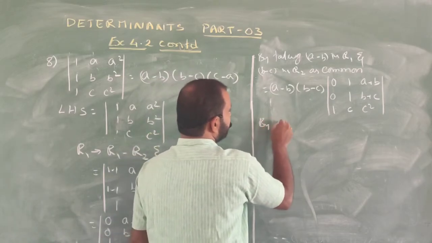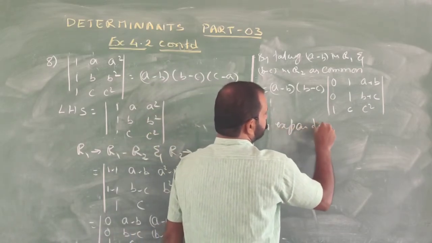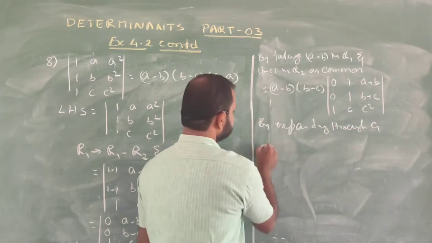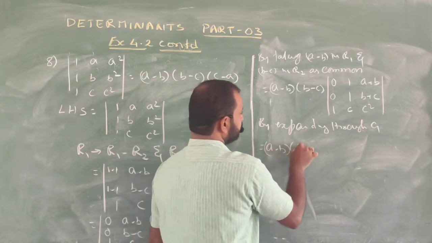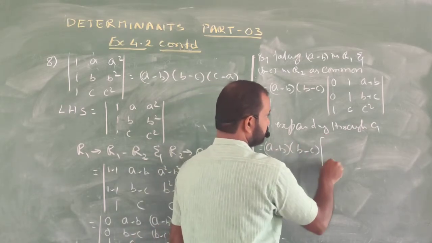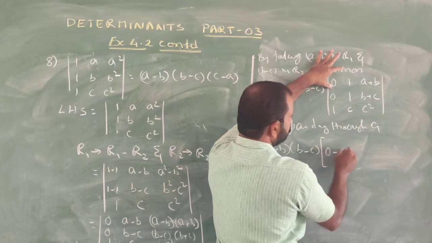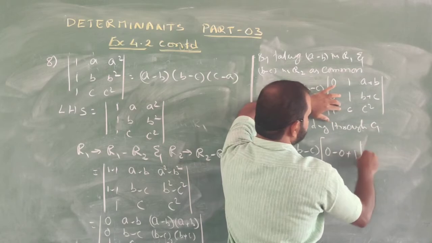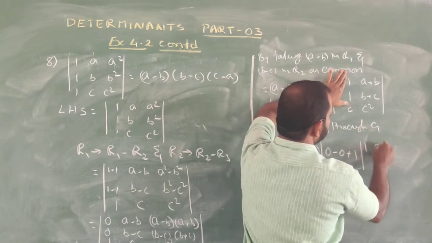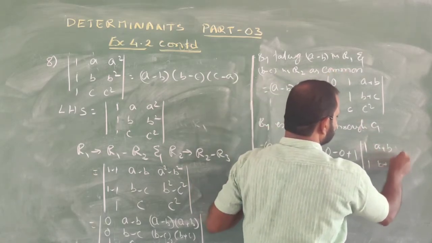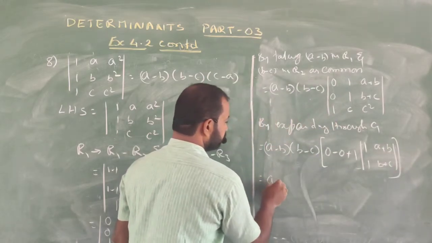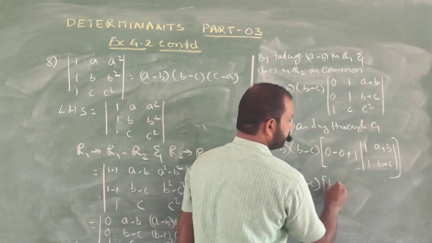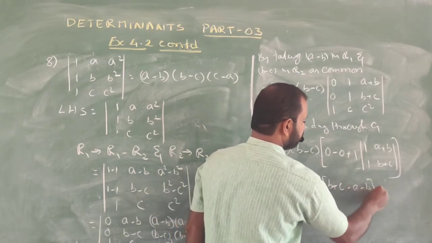That is by expanding through C1, which is equals to (a minus b)(b minus c), 0 into anything is 0, minus 0 into anything is 0, plus 1 into, by leaving the corresponding row and corresponding column, 1, a plus b; 1, b plus c, which is equals to (a minus b)(b minus c) into b plus c minus a minus b.